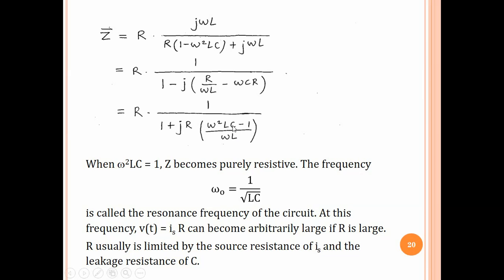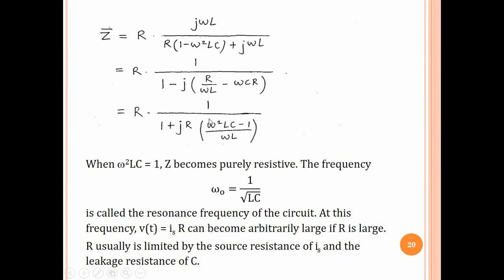Now let us think about this expression. What this expression is telling us is that as omega is varied across a wide range, there will be one value of omega at which omega squared LC minus 1 will become 0.